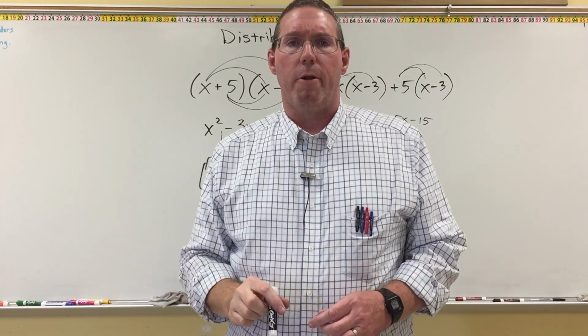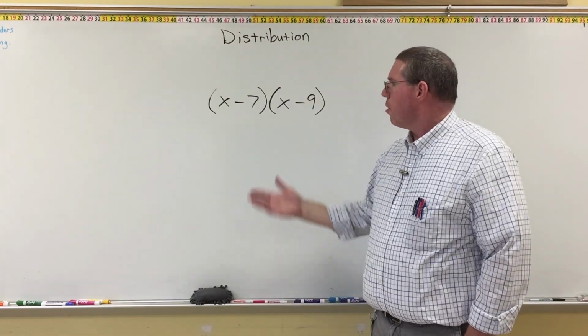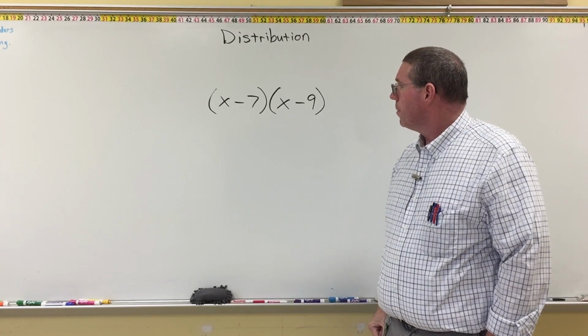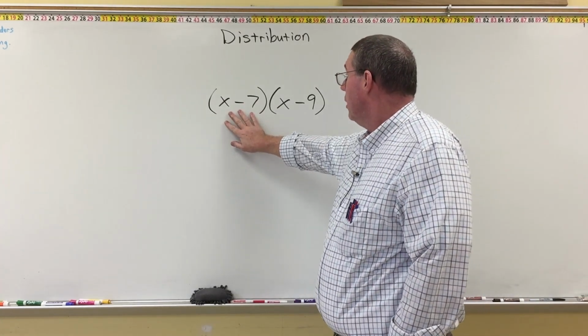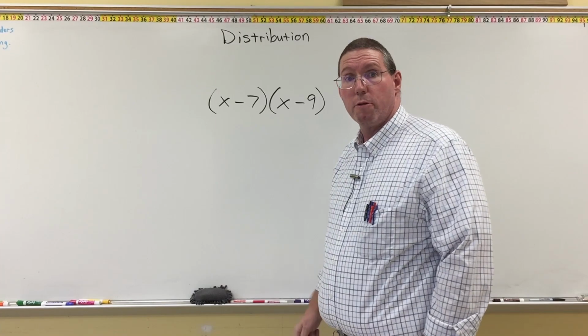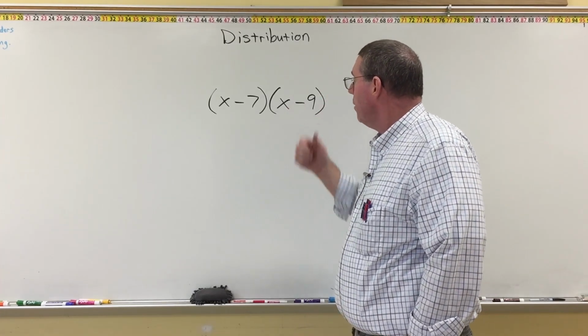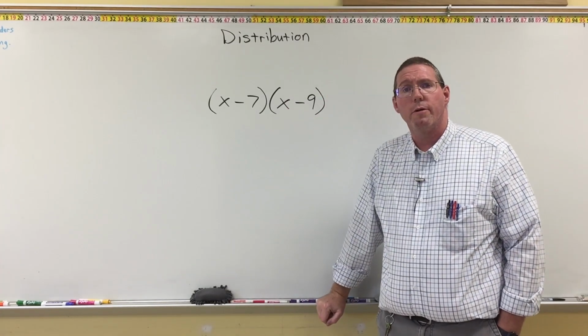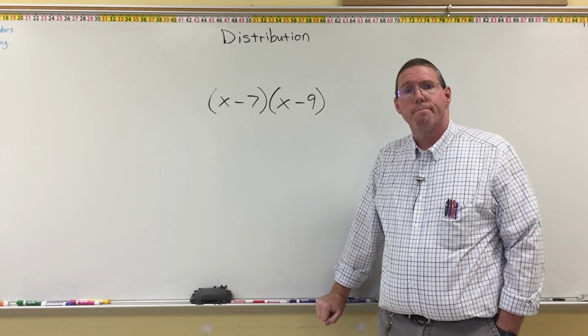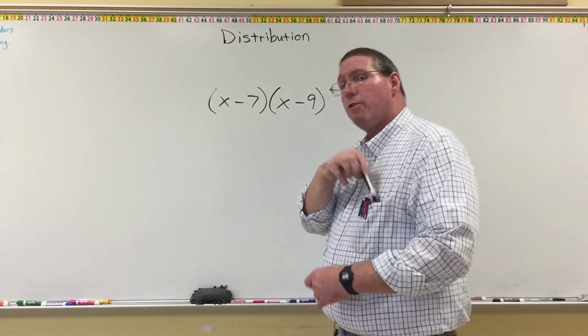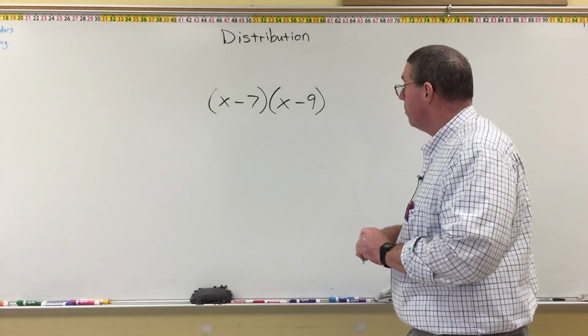Let's try another example. Okay, so here's another two-part expression being multiplied by another binomial two-part expression. Why don't you go ahead and pause the video and try this one on your own? All right, so I'm going to do this both ways, just like we did before.